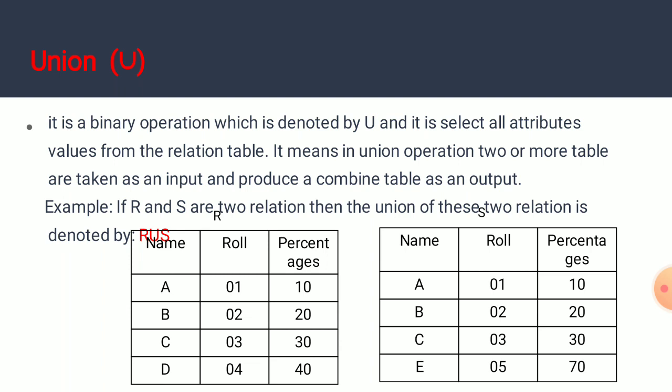If we take an example, we have two relations R and S, and both have the same attributes: name, roll number and percentage.